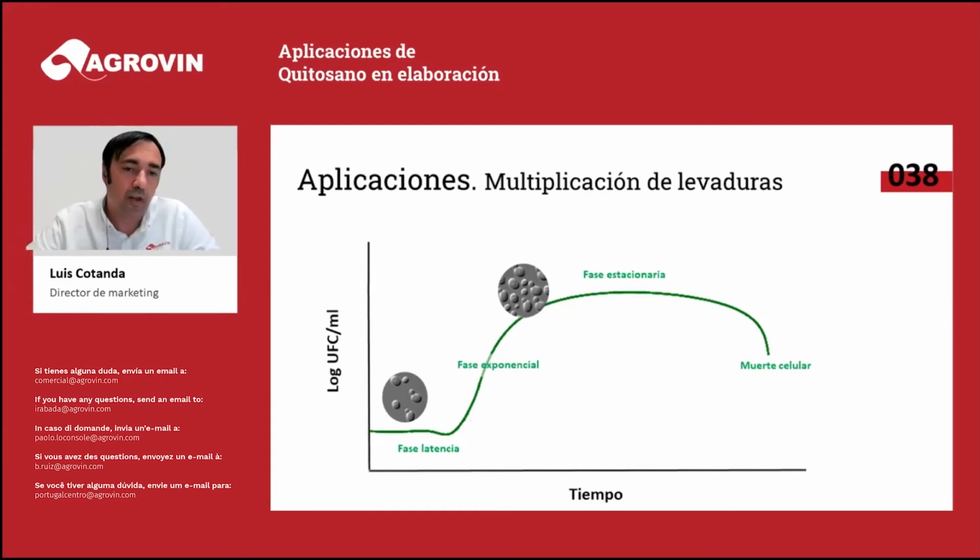What characterizes the exponential phase is a great resource consumption. The yeast needs to create all the necessary biomass to multiply by several hundreds its own population.